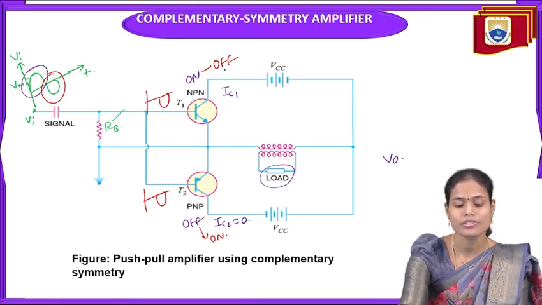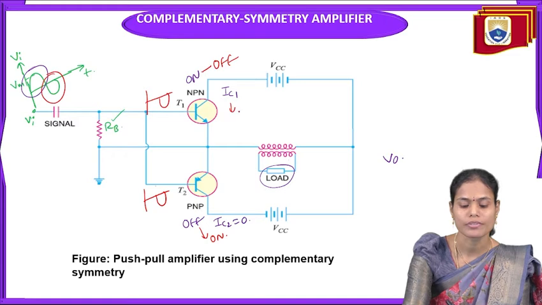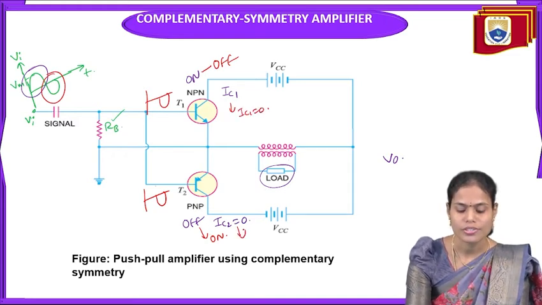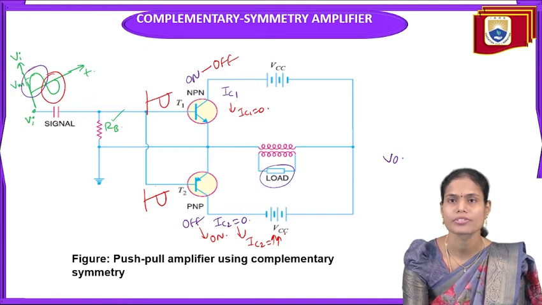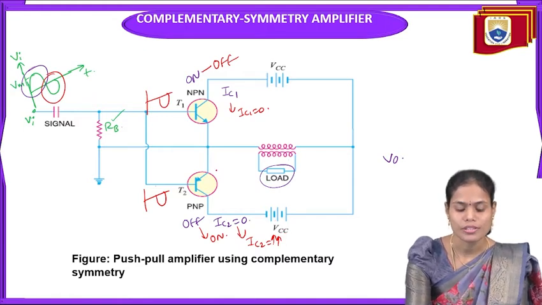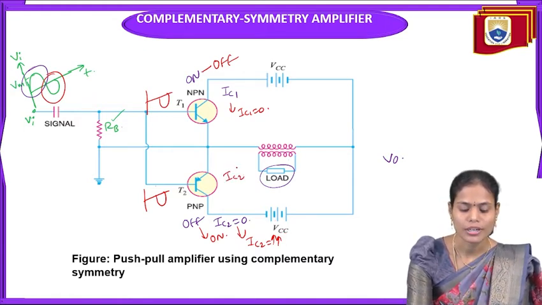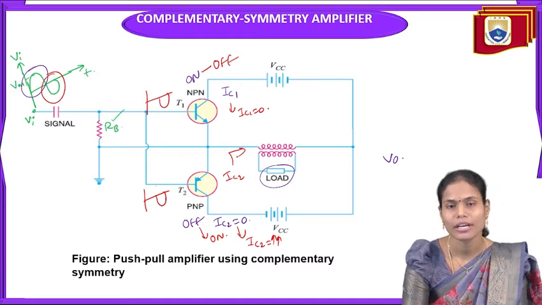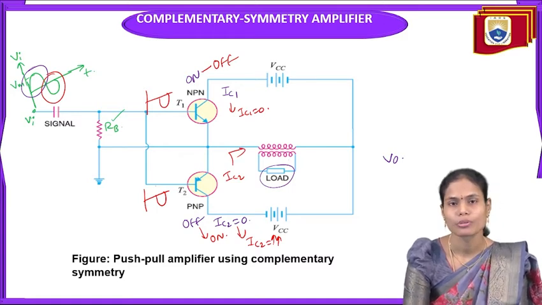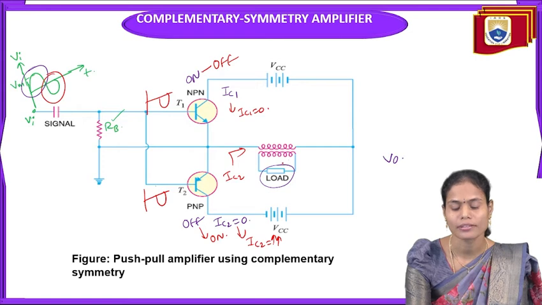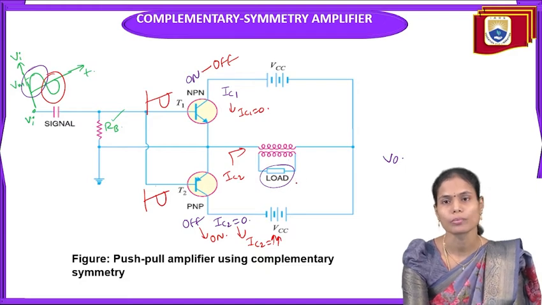Once T1 is in off state, the IC1 current is 0. T2 is conducting, so the IC2 current is present in the circuit. The IC2 current is connected to the primary winding of the transformer, and due to mutual inductance it appears across the secondary winding and across the load resistance, where we can measure the output voltage.